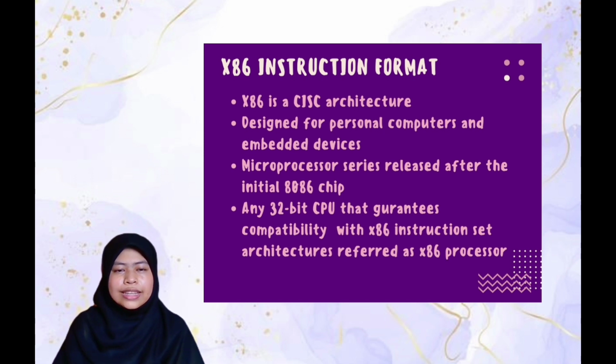By employing the 80, the redundancy is frequently eliminated. Because of that, any 32-bit CPU that has guaranteed compatibility with the X86 instruction set architecture was referred to as an X86 processor.